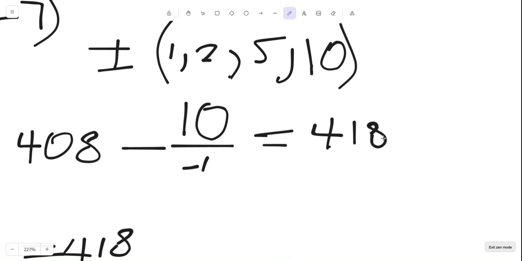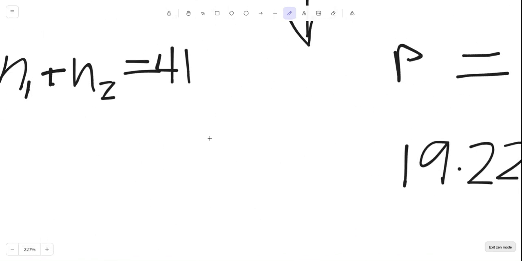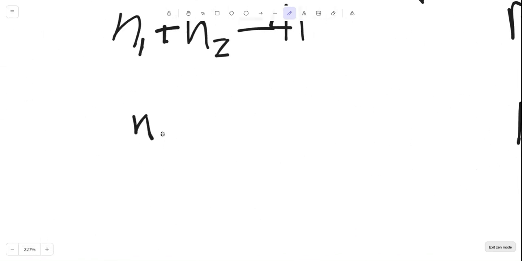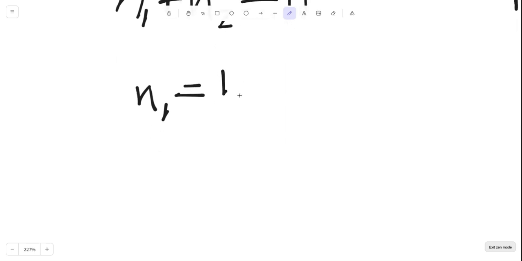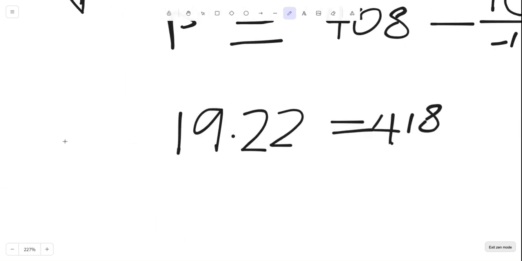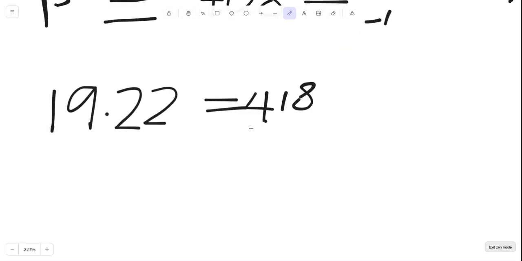Let's go to 418. It doesn't matter what the order is. Our solution would be n1 equals 19 and n2 equals 22. So the final answer is just 418.